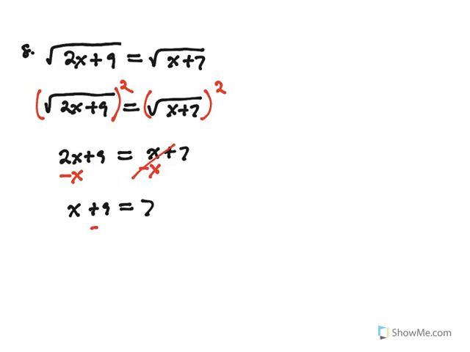And then I'm going to subtract 9 on this side. So the 9's cancel, and I'll just have x equals 7 minus 9 is minus 2. And that would be my answer for that one. All right? Okay, and let's do another one.